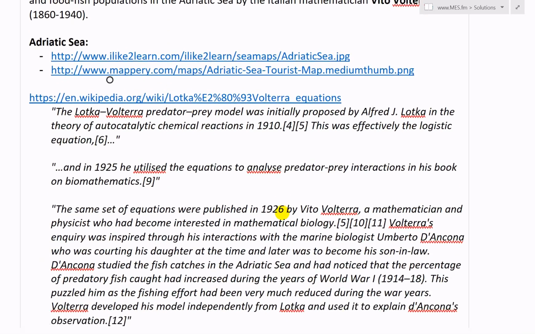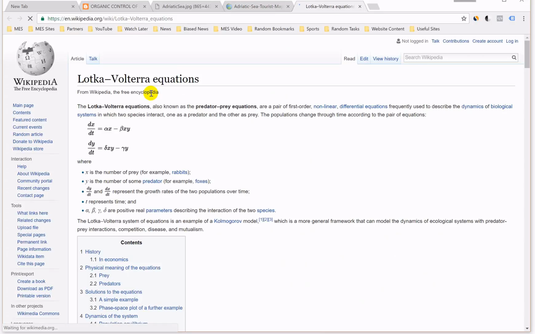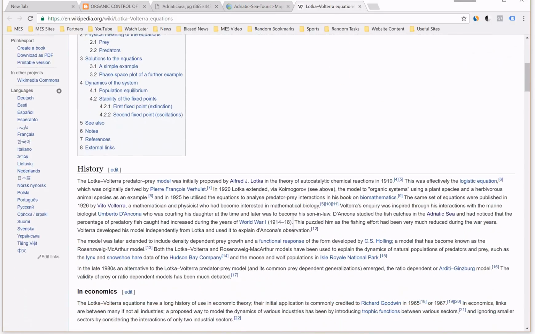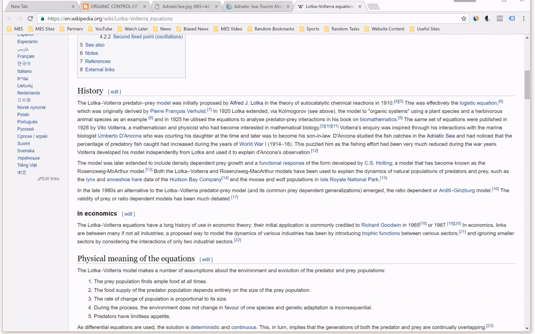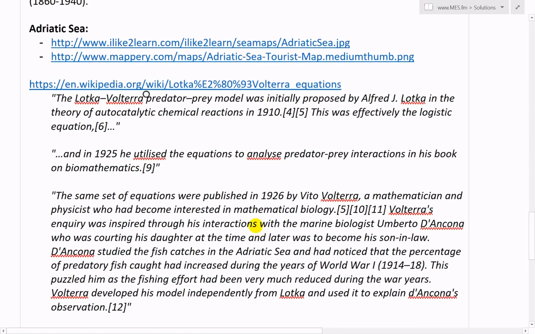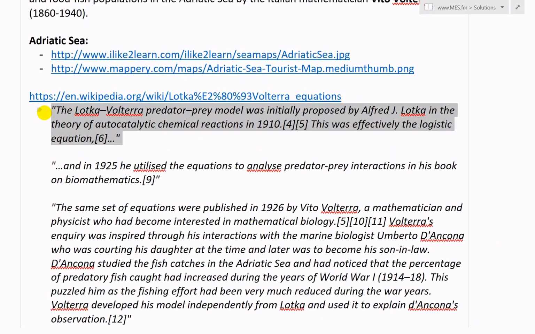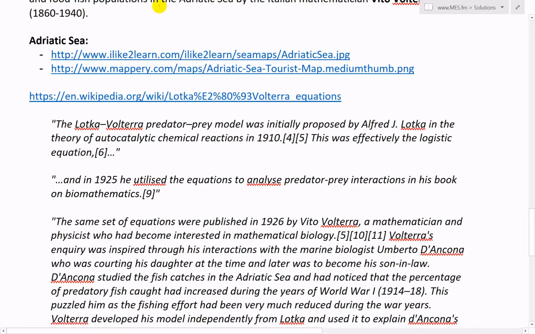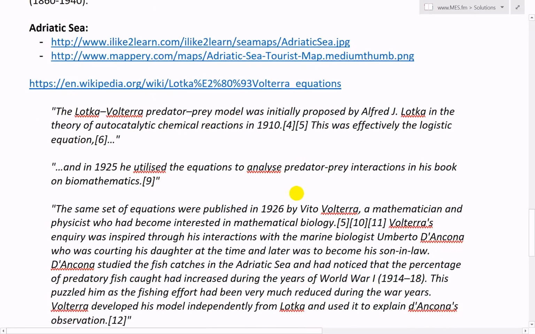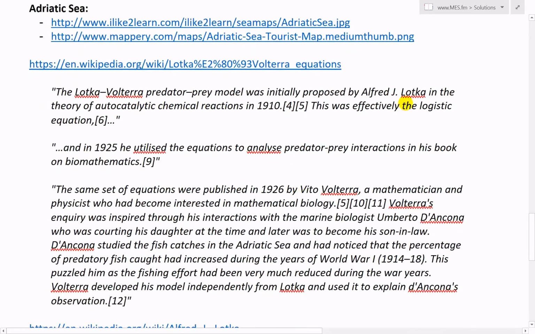And from the Wikipedia page on the equations, I copied a pretty interesting bit of history and put it here. The Lotka-Volterra predator-prey model was initially proposed by Alfred Lotka in the theory of autocatalytic chemical reactions in 1910.